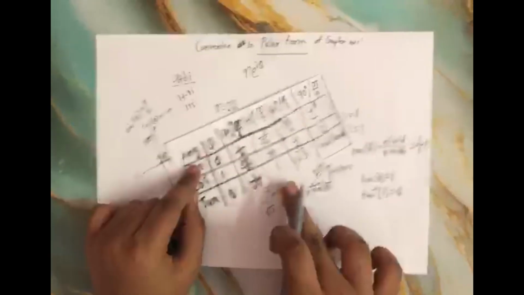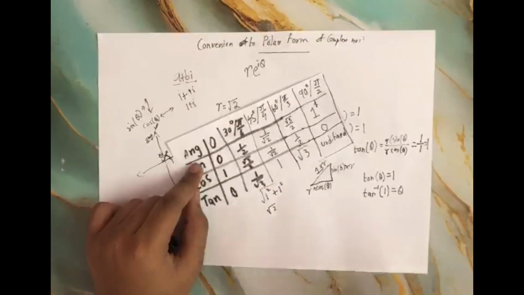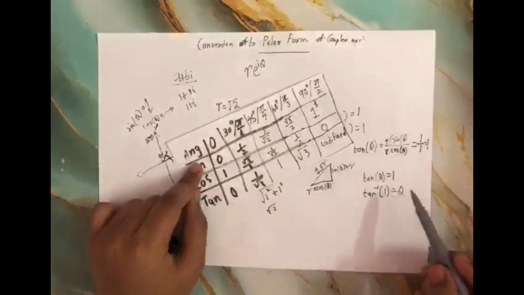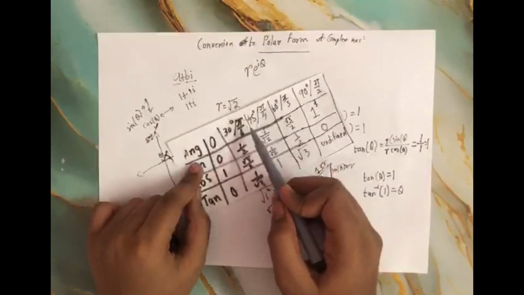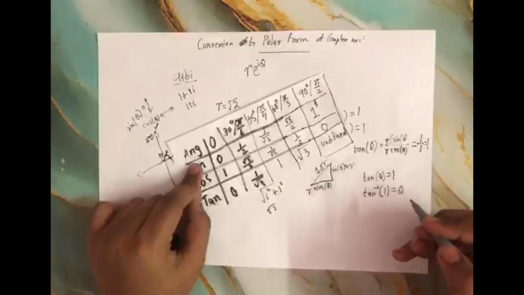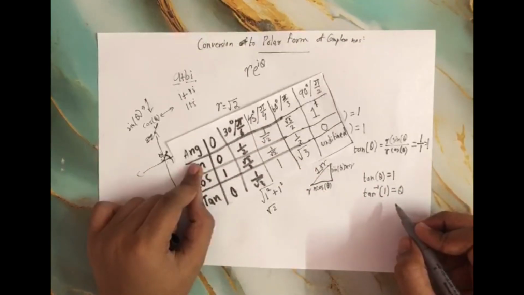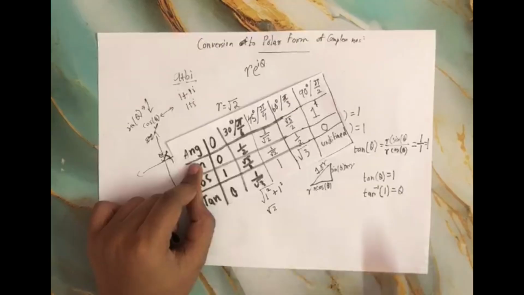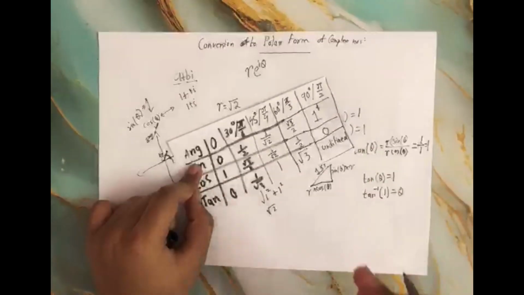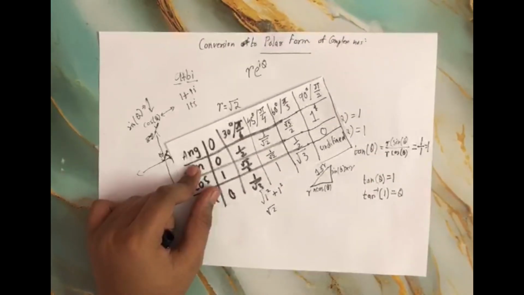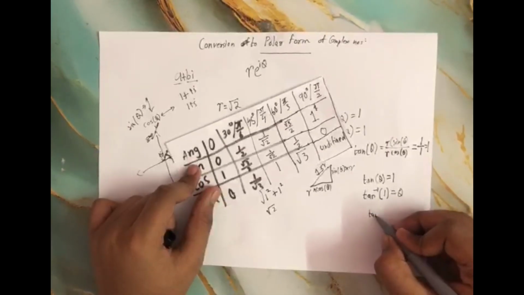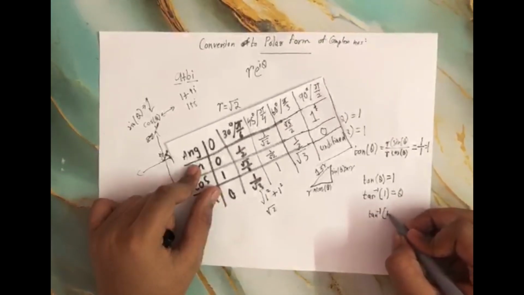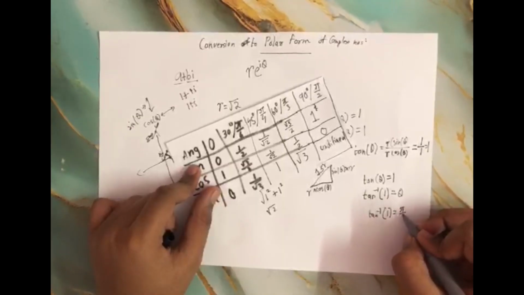So can we check which one this is? Yes, tan inverse of 1 is 45 degrees or pi by 4. But we usually write the polar form in radians, so tan inverse of 1 is pi by 4.